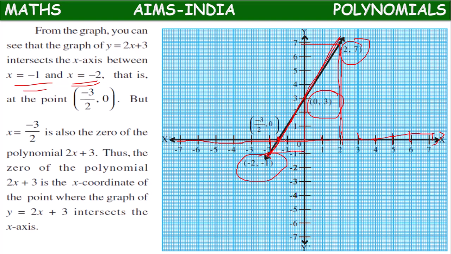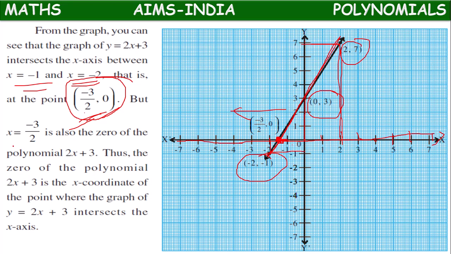From 0 to minus 1 is one part, and from 1 to this intersecting point is a half part. 1 plus half means 3 by 2, and it is towards the left side, so we can take minus 3 by 2. It is on the x-axis whose value is minus 3 by 2, and the y value on the x-axis is 0. So the straight line we have drawn intersects the x-axis at the point minus 3 by 2 comma 0.